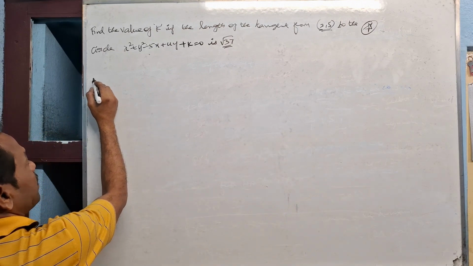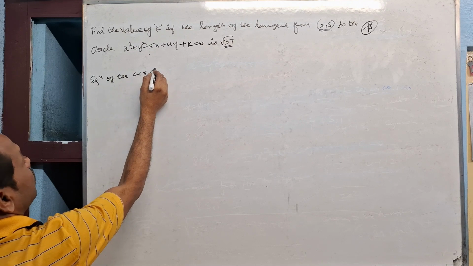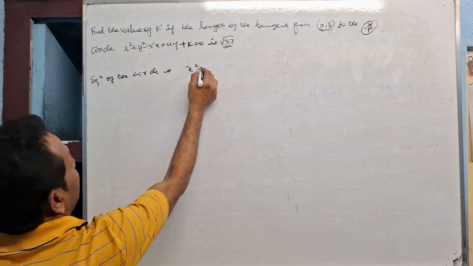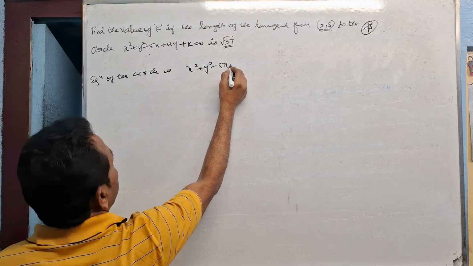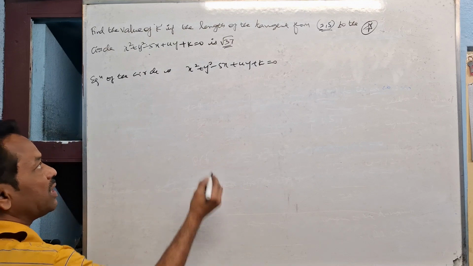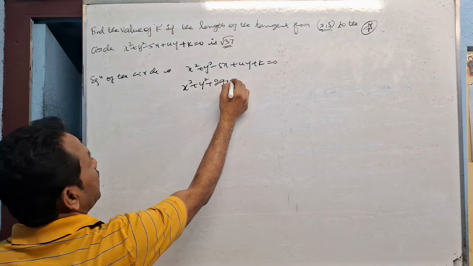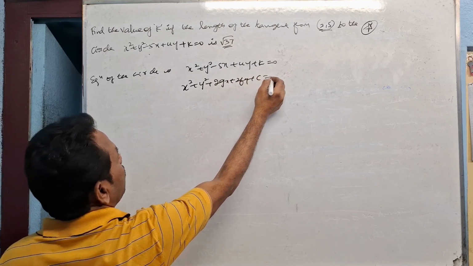As per the question, the equation of the circle is x square plus y square minus 5x plus 4y plus k equals 0. Let me compare this with the general form x square plus y square plus 2gx plus 2fy plus c equals 0.